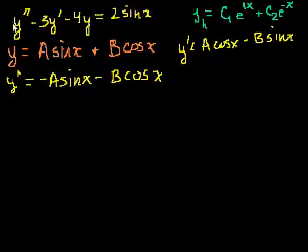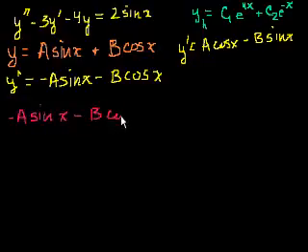So the second derivative is that. Let me just rewrite it, just so that you see what I'm doing. I'm going to take the second derivative, y prime prime, so that's minus a sine of x minus b cosine of x. I'm going to add minus 3 times the first derivative to that, and I'm going to write the sines under the sines and the cosines under the cosines. So minus 3 times this.